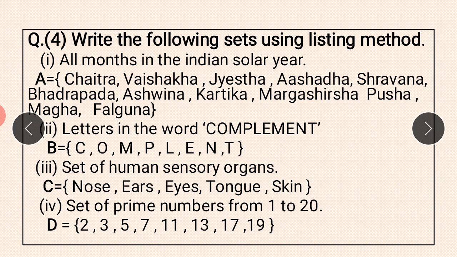Set of prime numbers from 1 to 20. D is equal to curly bracket 2, 3, 5, 7, 11, 13, 17, 19, curly bracket complete. These are the prime numbers from 1 to 20.